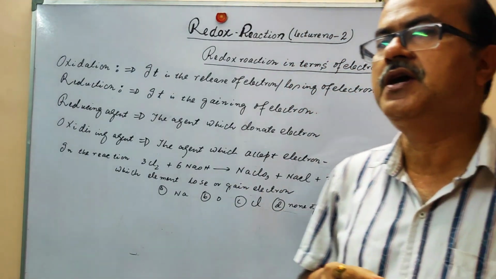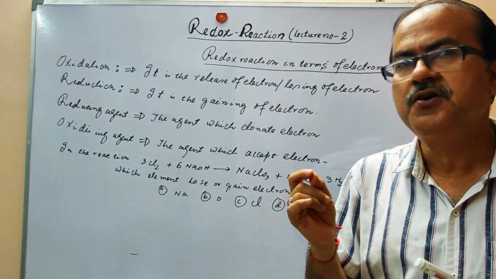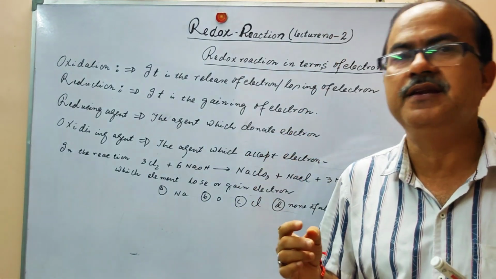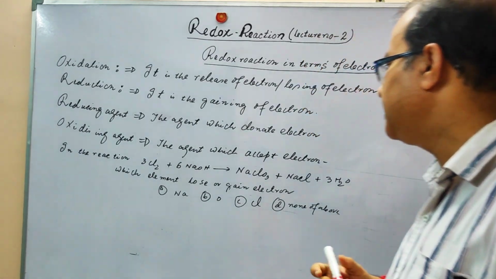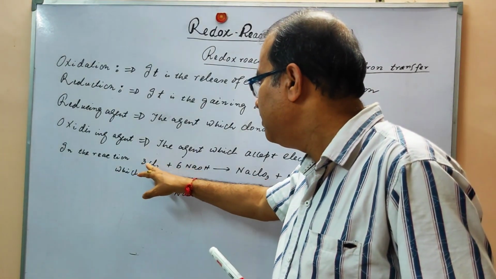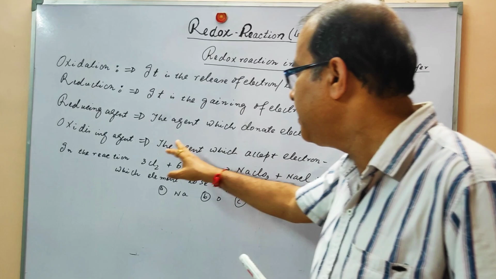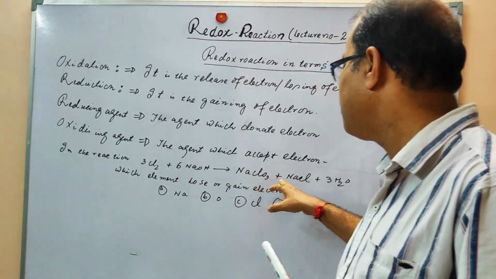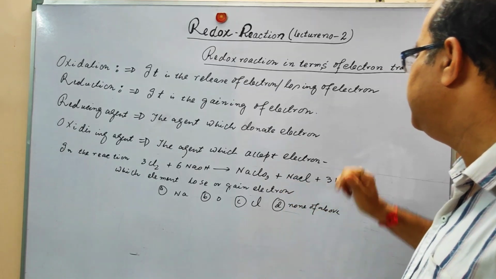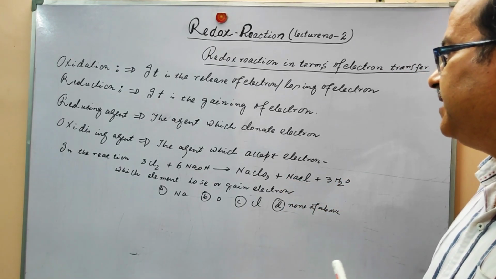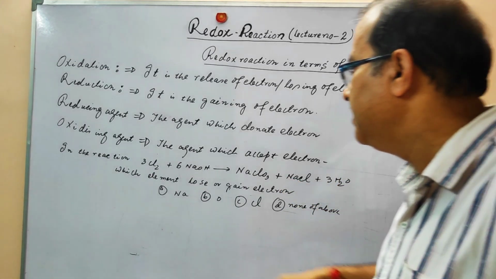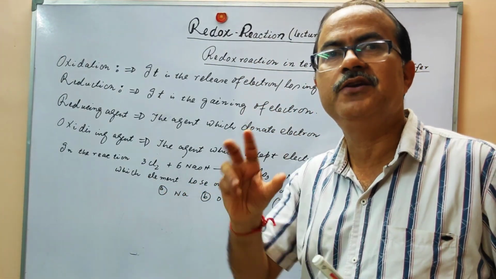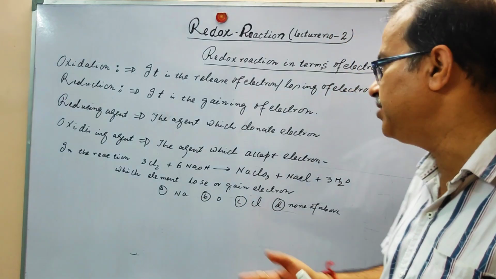In some reactions, we can observe that one species will both accept and gain electrons. This is a reaction when chlorine reacts with NaOH, it will produce sodium hypochlorite, NaCl and H2O. In this case, a question is given: which element loses or gains electrons? Is there any element here that loses or gains? Both things are happening.